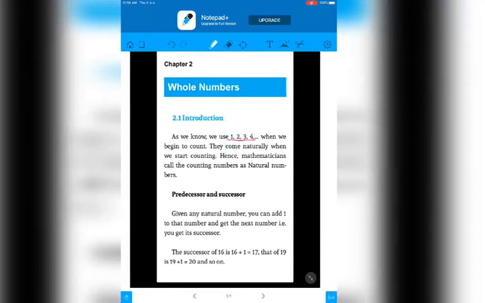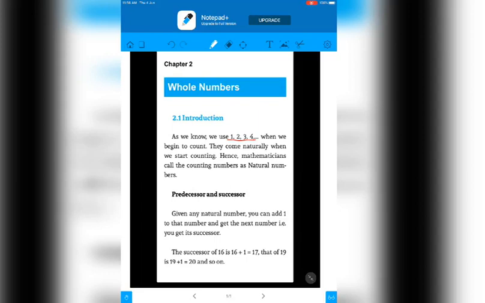Now, what is a predecessor and what is a successor? As I already told you, but still I will teach you from this as well as from the example. Given any natural number, you can add 1 to that number and get the next number, that is, you get its successor.